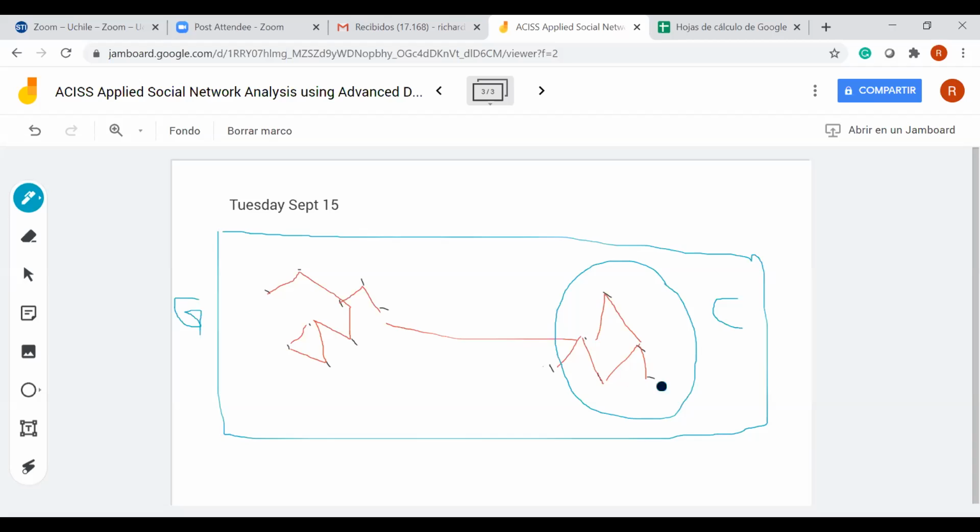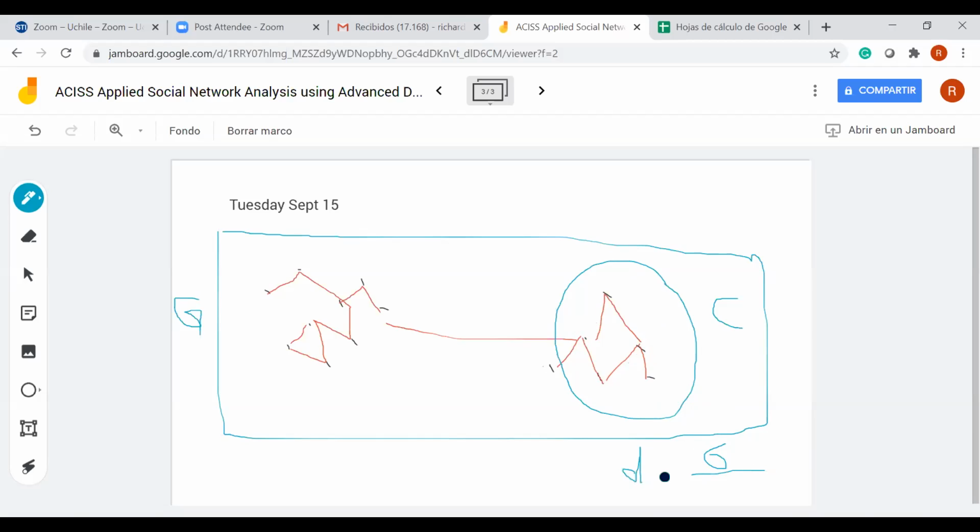Okay, so now we are going to define the density of this community. And the formula says it's in the nominator, we have the number of links. So we are counting the number of links. 1, 2, 3, 4, 5, 6. So it's 6. That's the nominator.